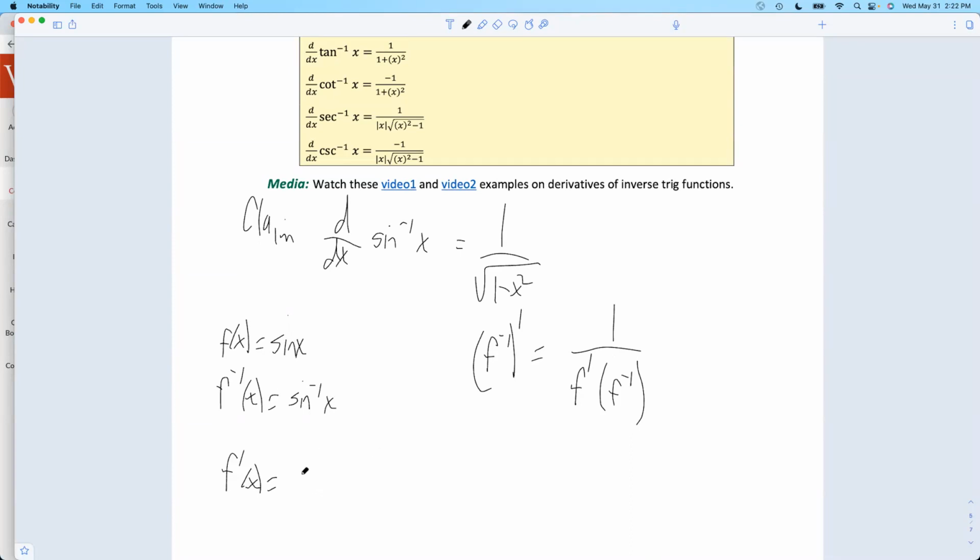And we all know, hopefully, the derivative of sine is cosine. So this says the derivative of arc sine, so I'll write that here, inverse sine of x, his derivative will be 1 over the other guy's derivative, cosine, evaluated at inverse sine.